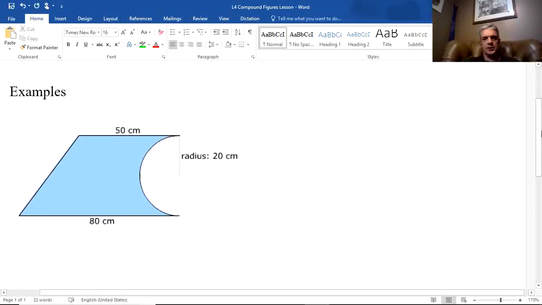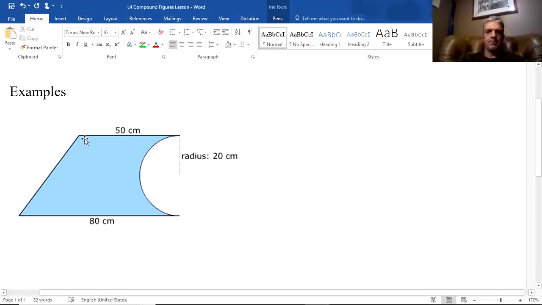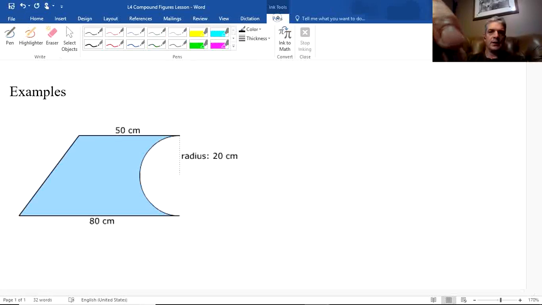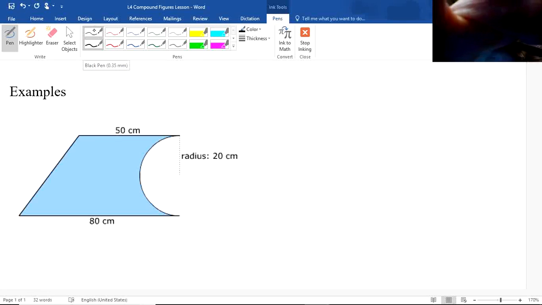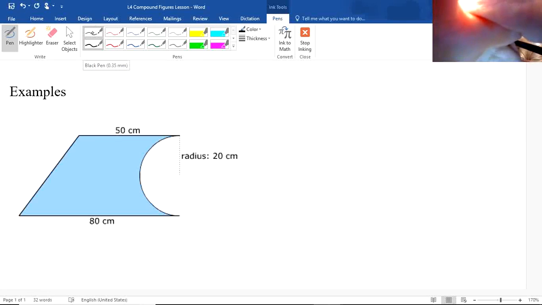This is a shape, and we're going to want to find the area of the shaded area of this particular compound figure. The best way for us to do that is to break it into different pieces or parts of areas that we can easily calculate.